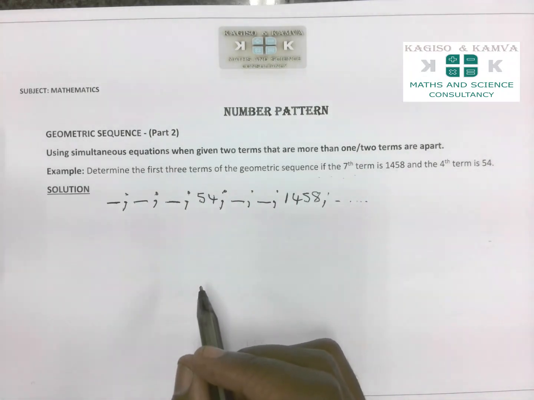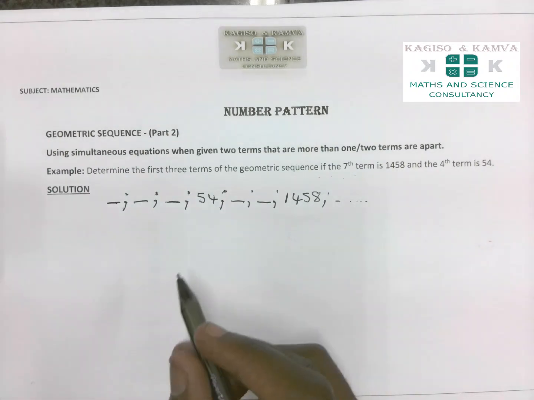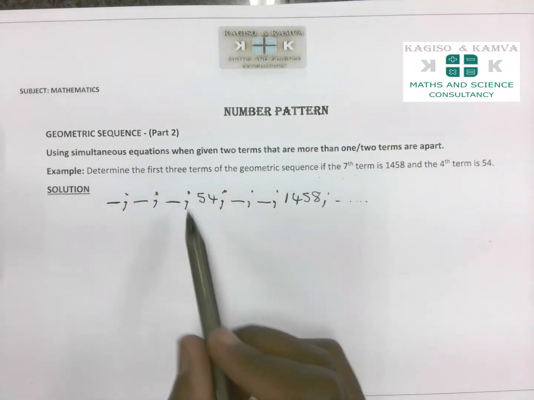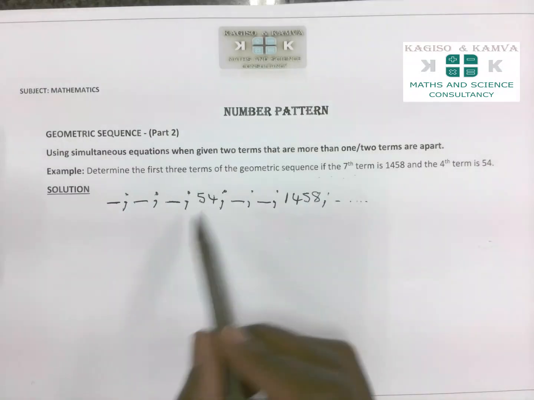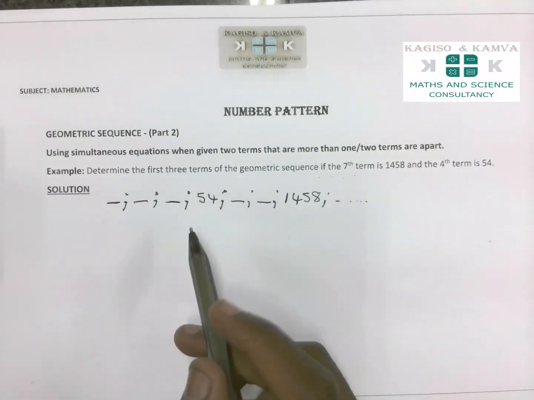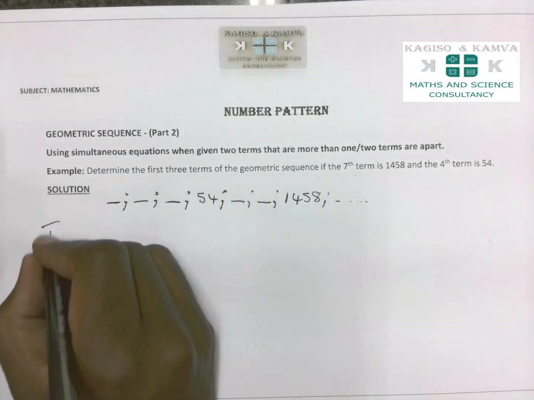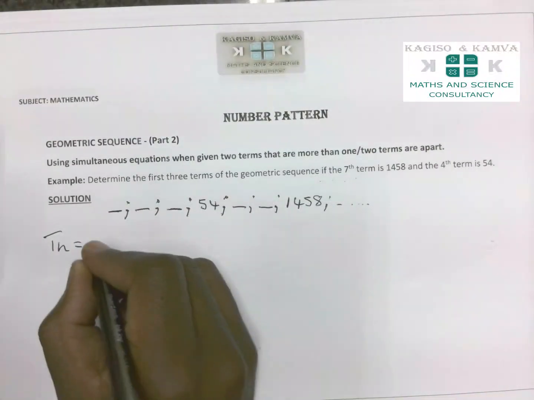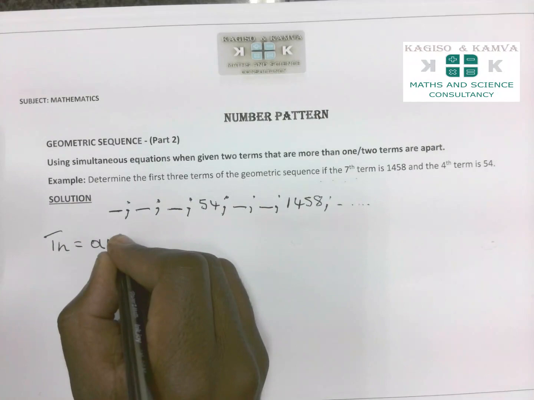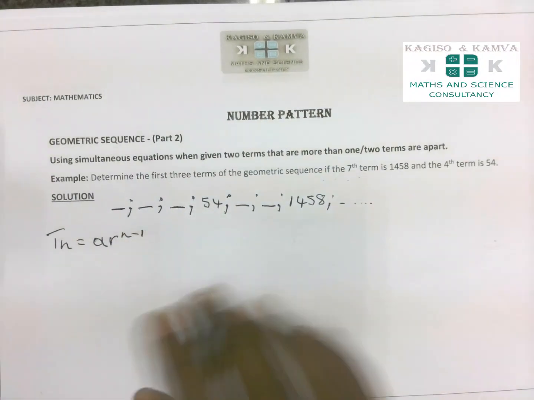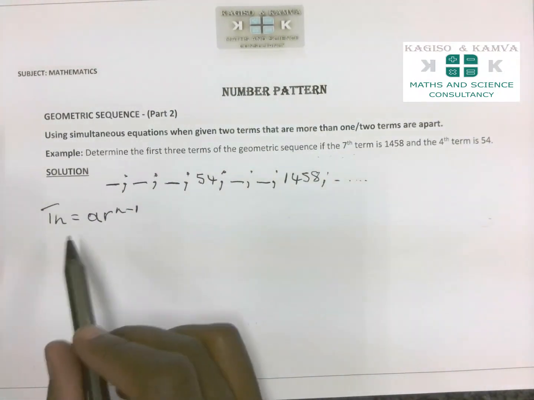The general term formula is Tn equals ar to the n minus 1.